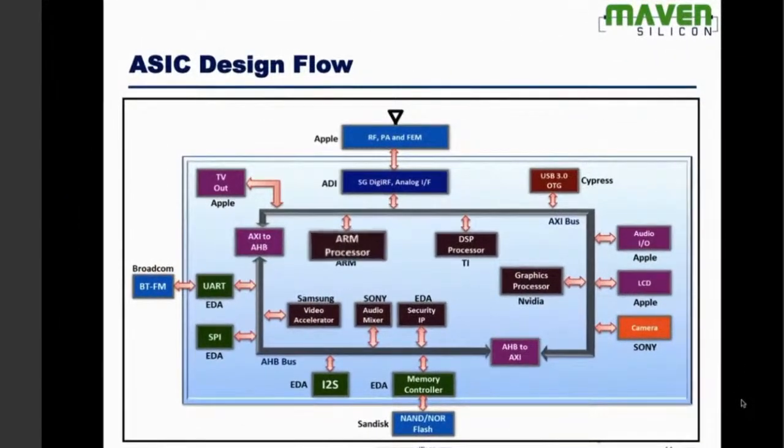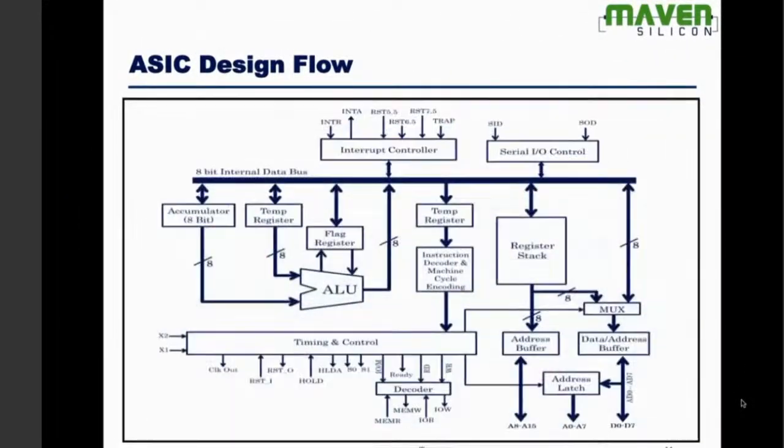For example, how the processor can be created. You might create architecture something like this. This might not be the exact architecture of ARM core, but this is how any microcontroller can be realized. It needs various kinds of components like arithmetic logic unit or decoders or registers. And then you may ask engineers like you to design a particular component.